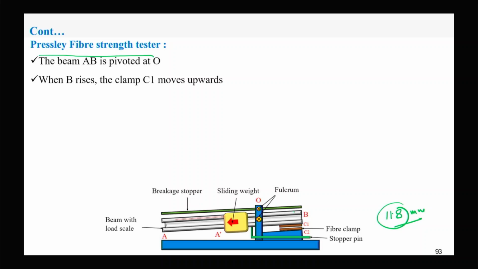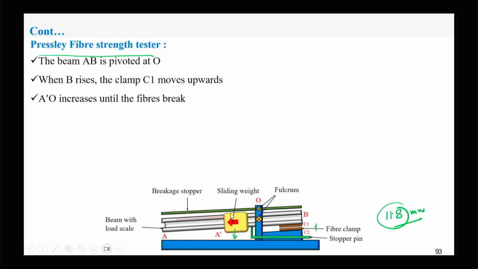OB is fixed for this instrument, but due to the sliding, this is the mass here, and as the sliding weight slides downwards, the distance from the fulcrum point increases. As the distance increases, that will increase the load on the specimen.